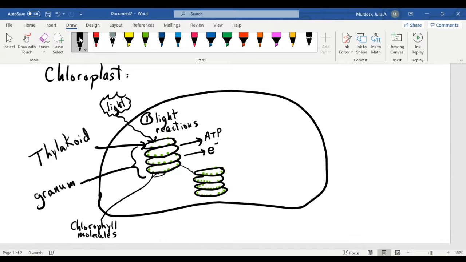Okay. All right, so the thylakoids are floating around in this fluid. This fluid that's inside the chloroplast has a special name. It's called the stroma. Stroma is the fluid that's inside the chloroplast.